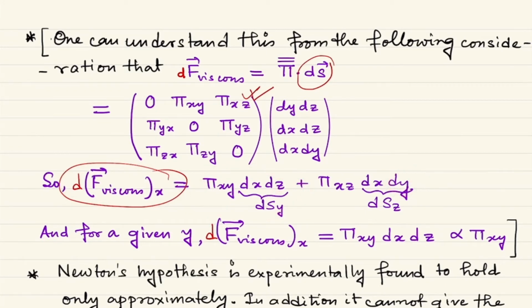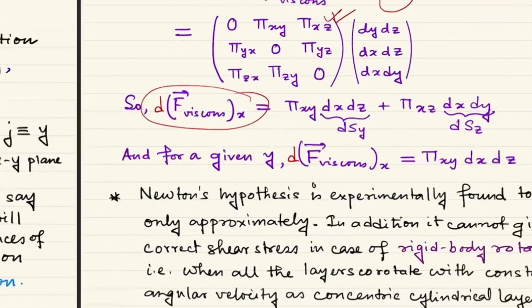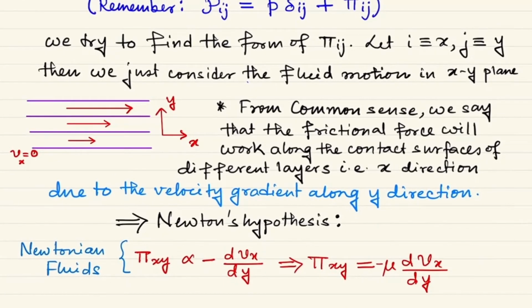Okay, for a given intersection between two successive layers. And then you can simply say that pi xy is a very good proxy for dF viscous x. So that's why we say that when this pi xy increases, the reason behind this is that the modulus of dvx dy increases.